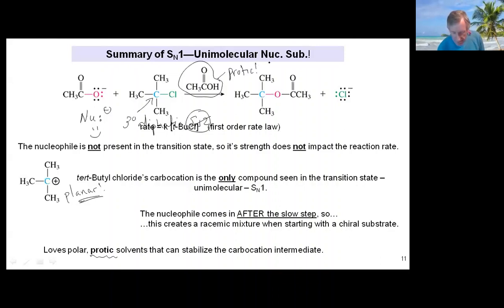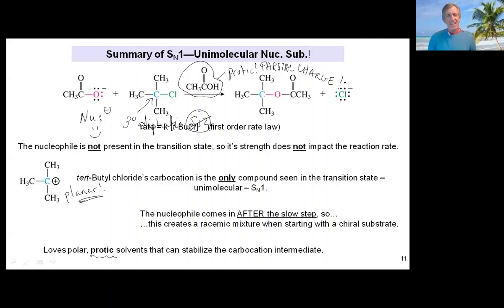And that means they have a lot of partial charge. Which is a good thing if you're charged. You can surround that carbocation with a lot of charge and make it feel better.